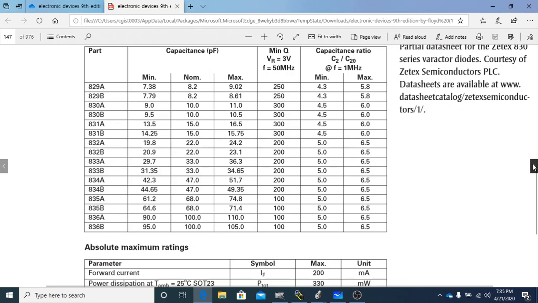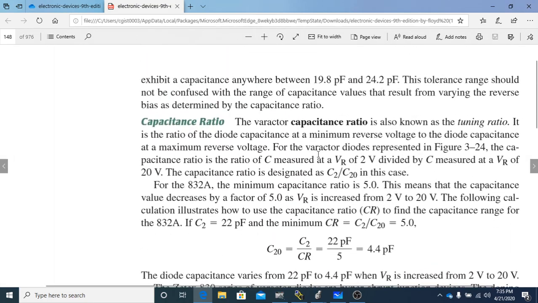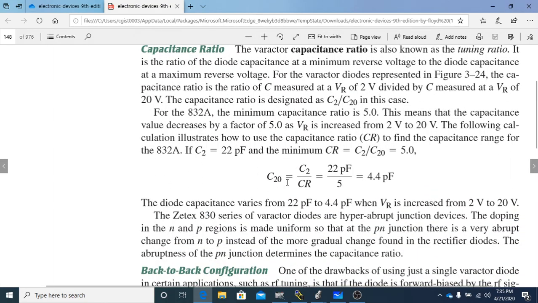Okay? So once we do that, and that is the example they've got set up for us here in the lesson, basically we're looking for C20. So it says C20 equals C2 over CR. So we plug in the 22 picofarads for the C2, and then the ratio is going to be plugged in here.